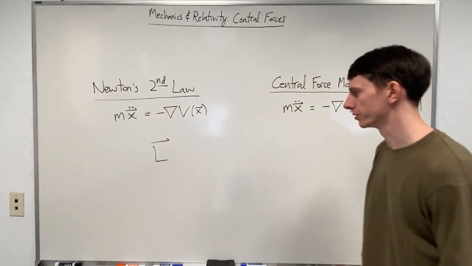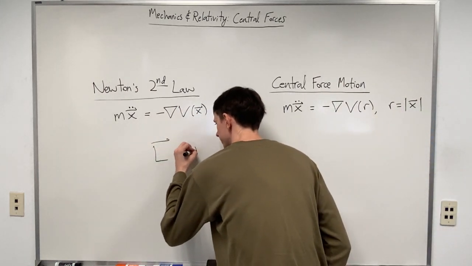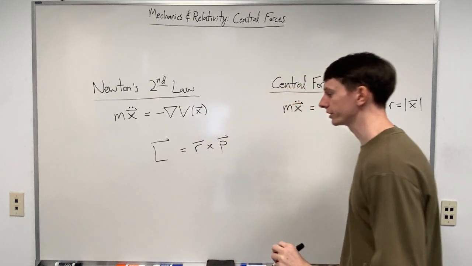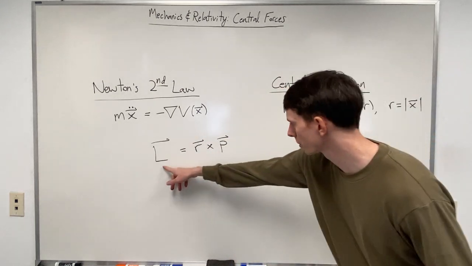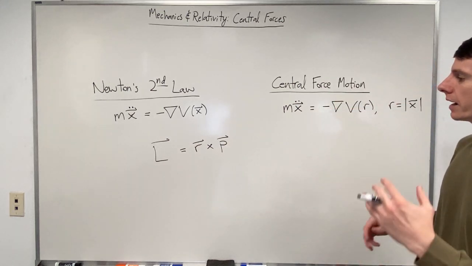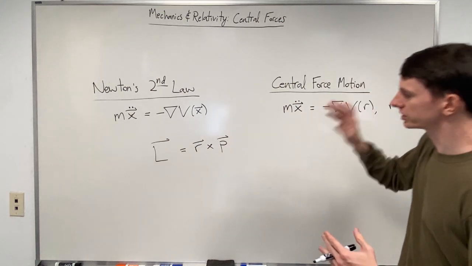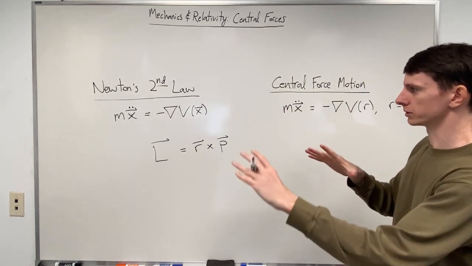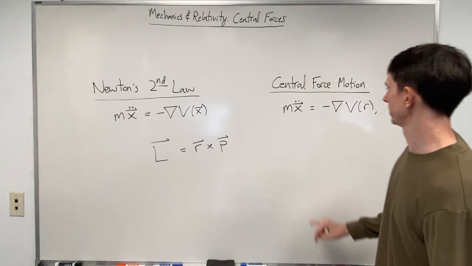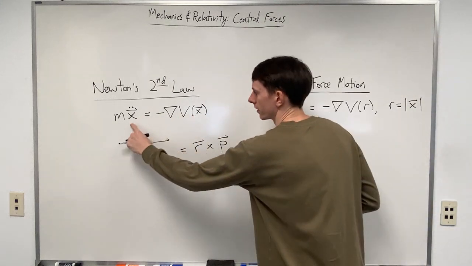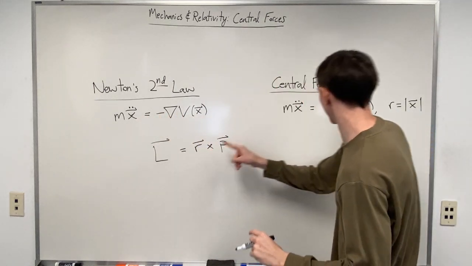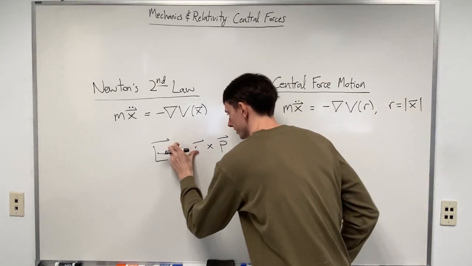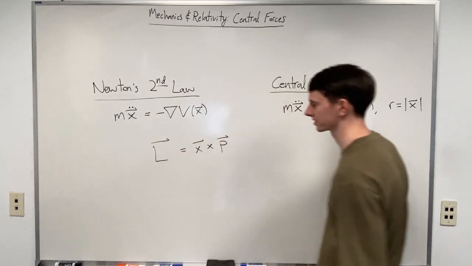The angular momentum is denoted as the letter L, and it's defined as the radial distance in a cross product with the linear momentum. So this is angular momentum, this is linear momentum. This is often how it's written, but to keep the notation consistent, because I have x's right here, and to not confuse this vector r with the magnitude distance r, I should really be writing this as the vector x.